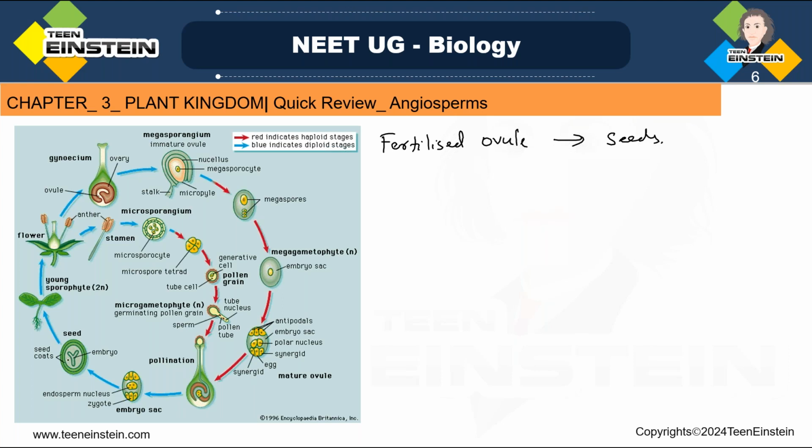And here the seeds are covered by fruits. Seeds covered by fruits, right? We said that's why they are called covered seeds in angiosperms. So the fertilized ovule will ripen into seeds and the seeds are covered by fruits.